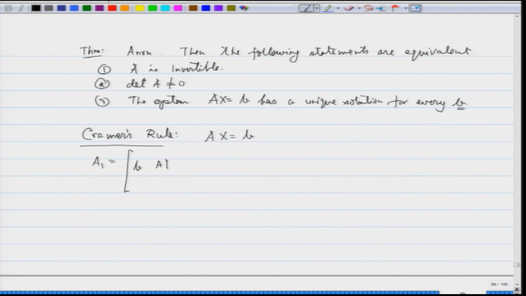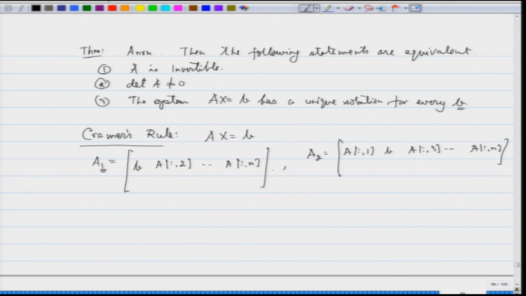Then the second column, and so on till the last column. This is my matrix A1. Matrix A2 is, just write the first column, all right, then B here, then the third column, and so on till the last column, fine.